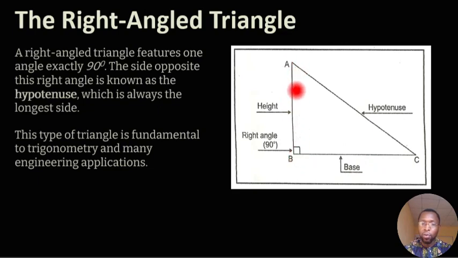The longest side, which is the hypotenuse, is always facing angle 90 degree. That is how to identify the hypotenuse in a triangle. It is the longest side, number one, and number two is always facing angle 90 degree.